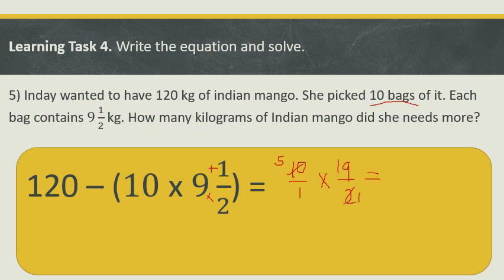So, 5 times 19 is 95 over 1. So, ito ay magiging 95. So, minus natin yung 120 sa 95. So, ang makukuha natin dyan ay 25. So, may 25 pa siyang natitirang mango na kailangang kunin.